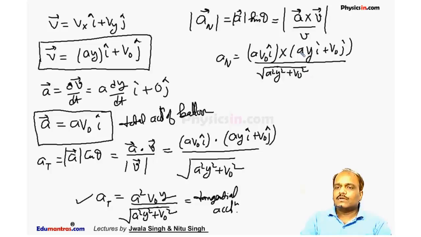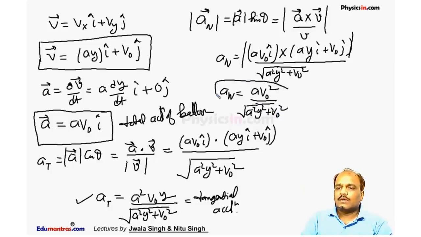Now we know i cross i is 0 and i cross j is k, and mod of k cap is 1. So here we get a v naught square, divided by root over a square y square plus v naught square. This is the normal acceleration of the balloon.